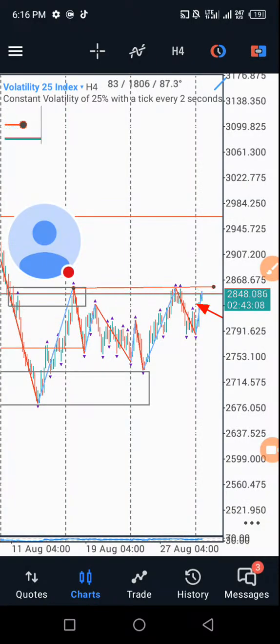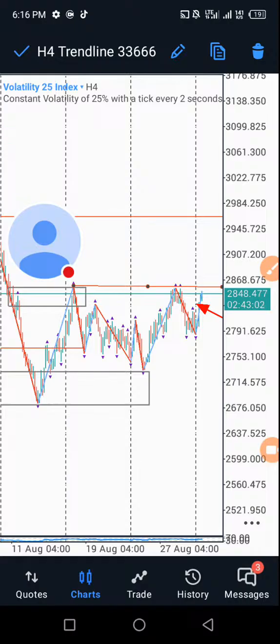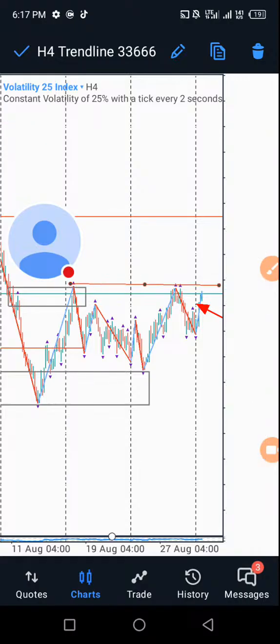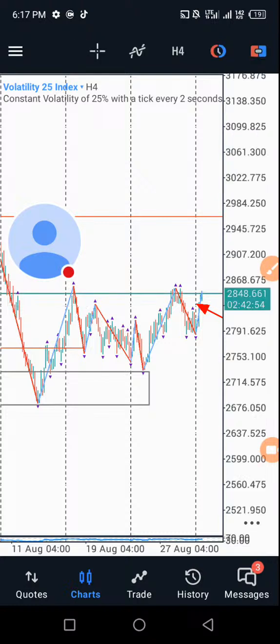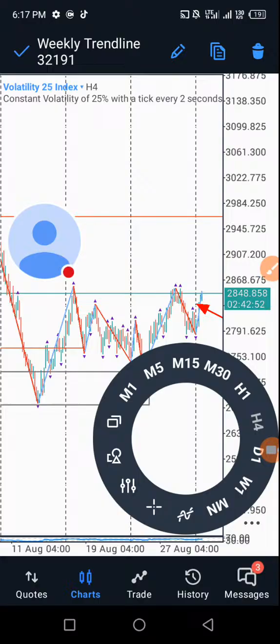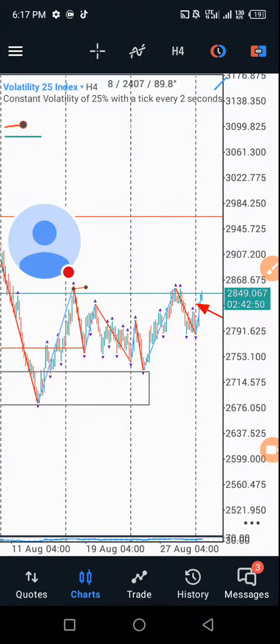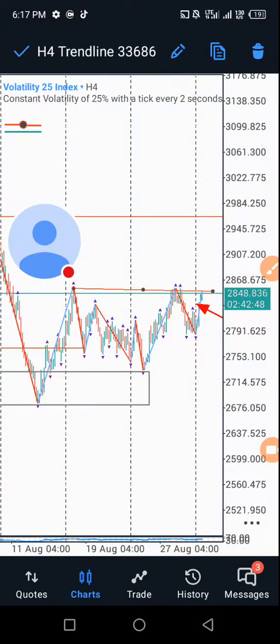Let's highlight that here. I'll just remove this box now. Let me remove this box here. I'll remove this box here.